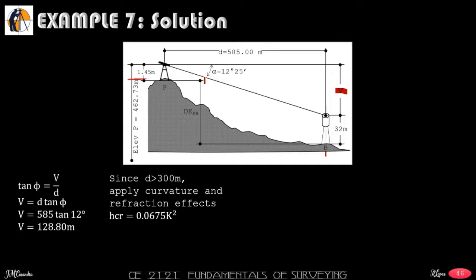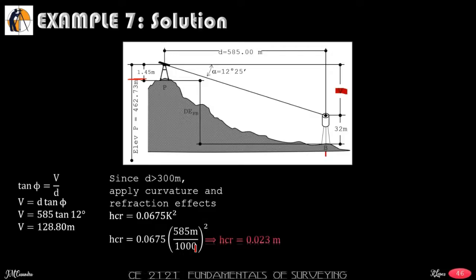So K is our distance between the point P and point B. Since K should be in kilometers, we convert this by dividing it by 1,000. So HCR now will be equivalent to 0.023 meters.